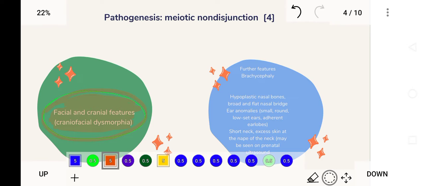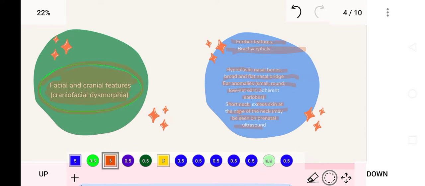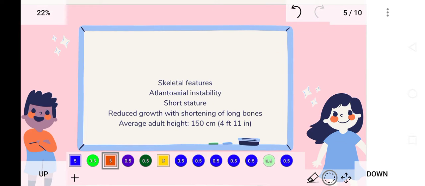Other features like brachycephaly will be there, hypoplastic nasal bones and broad flat nasal bridges, and ear anomalies: low set ears, adherent ear lobes, short neck, excessive skin at the nape of the neck, which is seen in perinatal ultrasound. So these are the features of patients with Down syndrome.